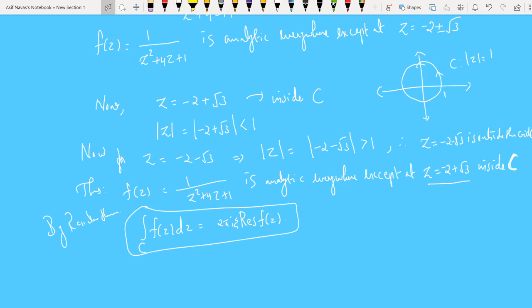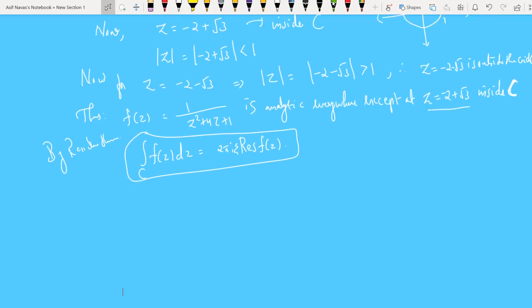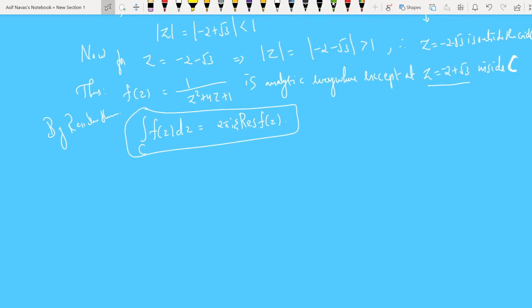There is only one singular point, so we want to find the residue of 1 by z square plus 4z plus 1 at z equal to minus 2 plus root 3. Now we can use some formula.